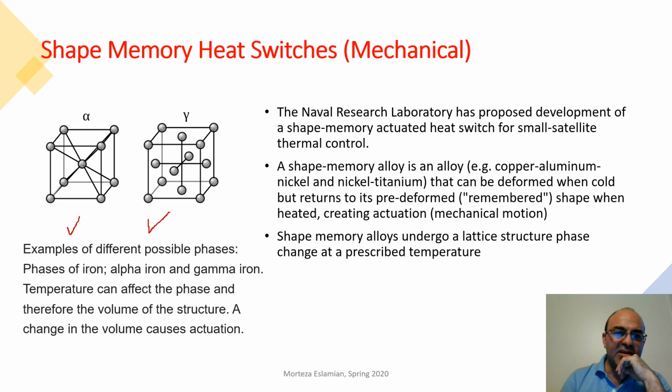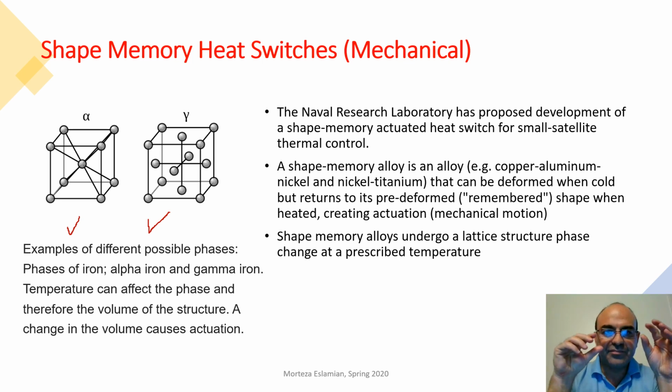So phases of iron, alpha iron and gamma iron, temperature can affect the phase and therefore the volume of the structure. The way that the atoms in the structure are placed or sorted out will change with a change in the temperature in some materials, not in all. And in some materials, the change is so significant and substantial that this change will cause a huge change in the volume and therefore a mechanical actuation.